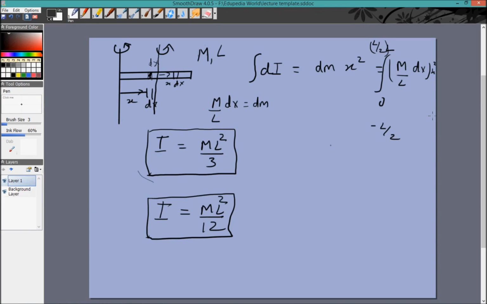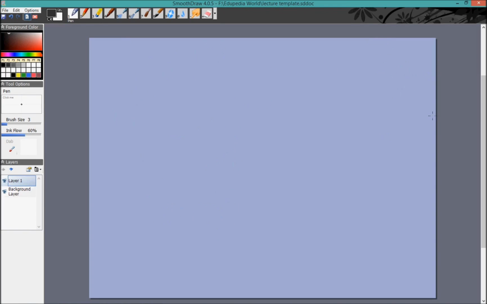Right? So let's take two more standard examples. One of them is an easy one. We'll take, I apologize for my drawing of the circles, a ring, and we're rotating it through an axis perpendicular to the plane. So in this case, the whole ring will be moving like this, right? And the axis is perpendicular to the plane of the screen, that is inside the screen or outside, right?